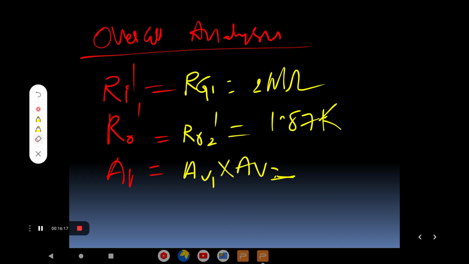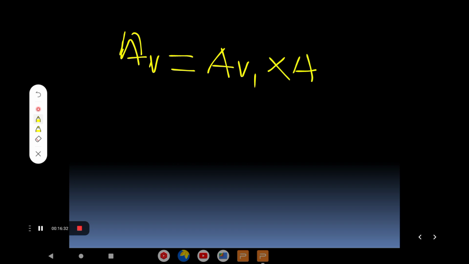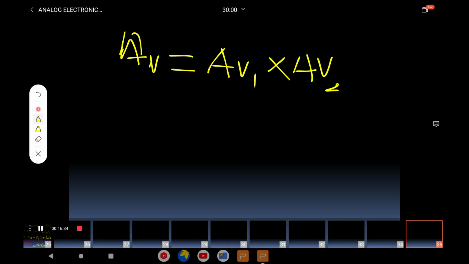I will take the new slide. AV is equal to AV1 into AV2.